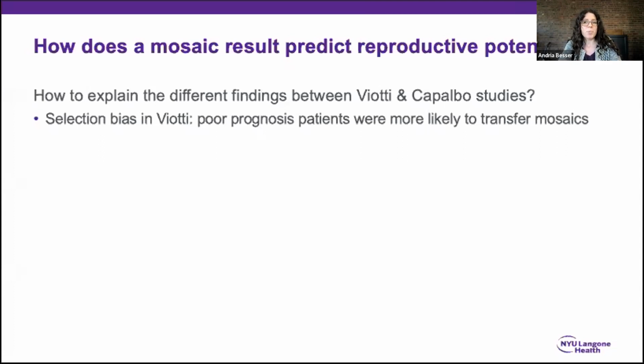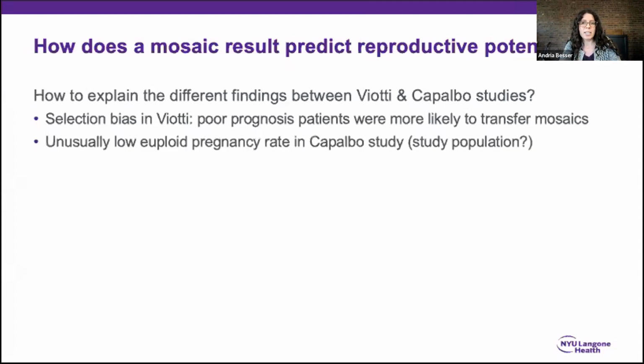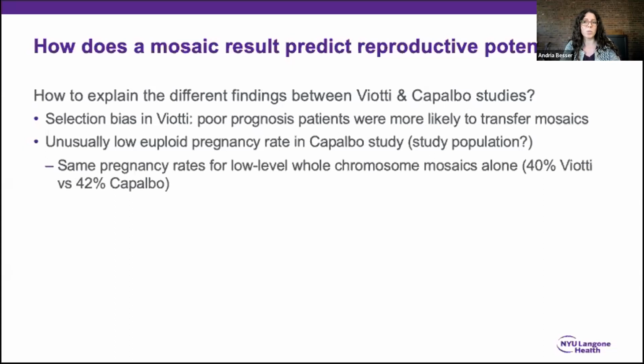But also, if we look at the pregnancy rates, in the Capalbo study, the pregnancy rate was much lower. It was kind of unusually low, particularly compared to the Viotti study, which already, pregnancy rates for euploids was kind of on the lower side. And also remember that the Viotti study included all types of mosaics. So if we only pull out those low-level whole chromosome mosaics and we actually compare apples to apples, the pregnancy rates of those mosaics was actually about the same.